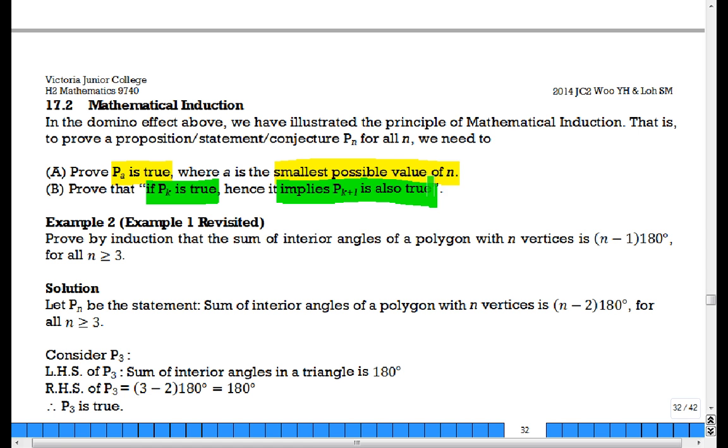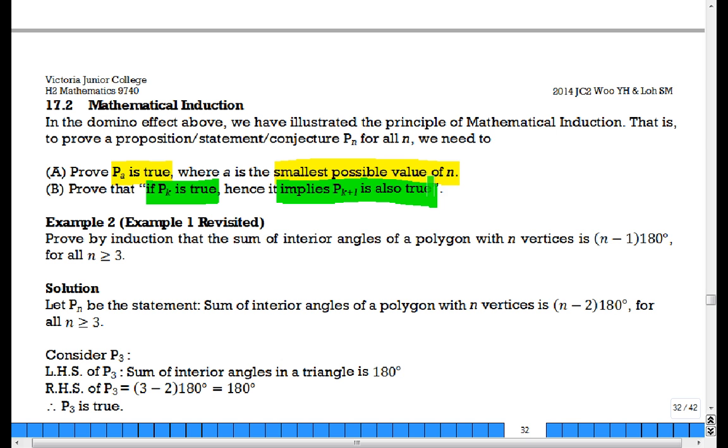Analogously, you look at the domino. It's analogous. If P(k) is true, that means somewhere in the middle the k domino falls, we have to assume that the k domino falls. So the assumption is with P(k) being true, it causes the k plus 1 domino to fall. It will cause P(k plus 1).